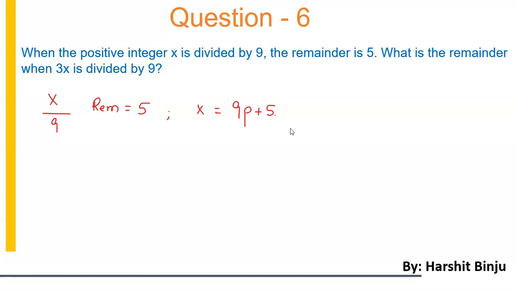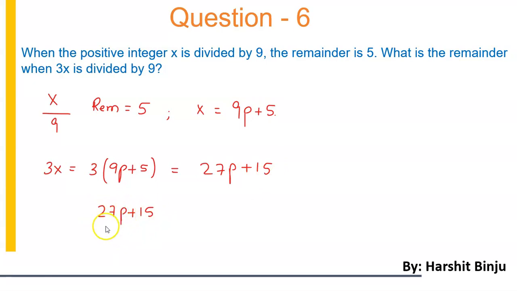What is the remainder when 3x is divided by 9? So you want 3x. So 3x is 3 times 9p plus 5, which will basically be equal to 27p plus 15. So we need to find the remainder when 27p plus 15 is divided by 9.